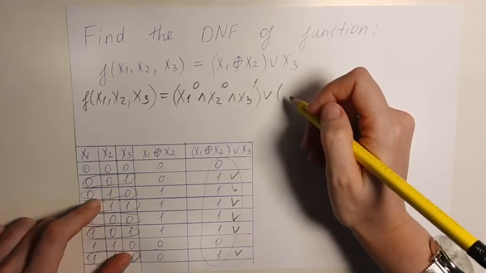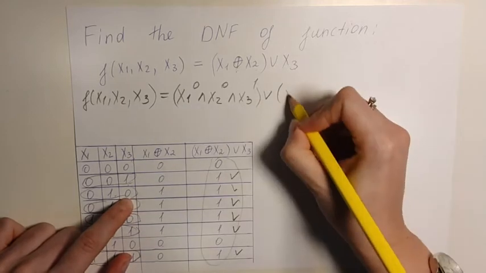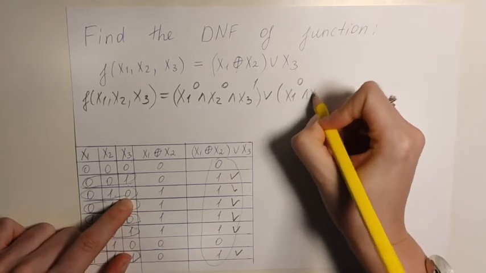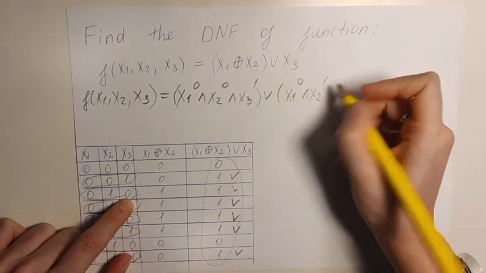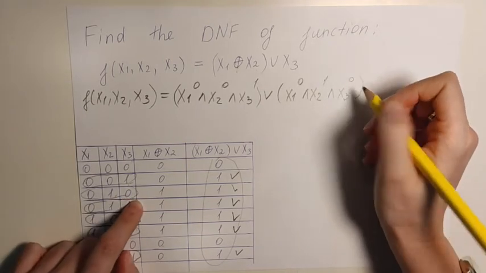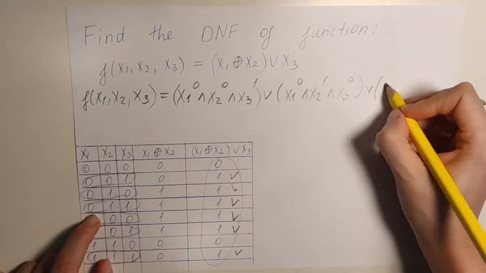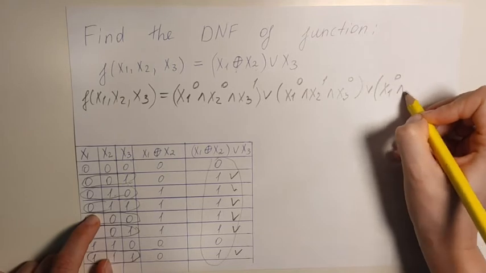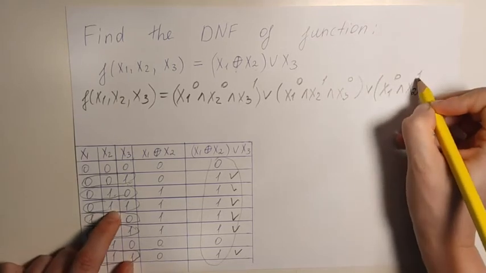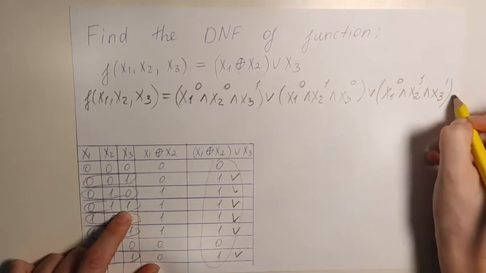Next one, x1 0, x2 1, x3 0: x1 0 and x2 1 and x3 0. Or next, x1 0, x2 1 and x3 1.